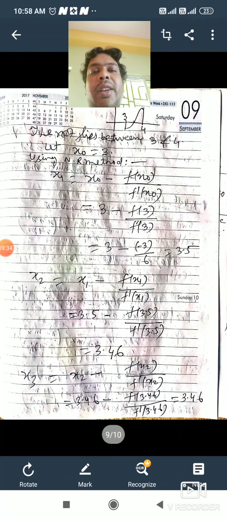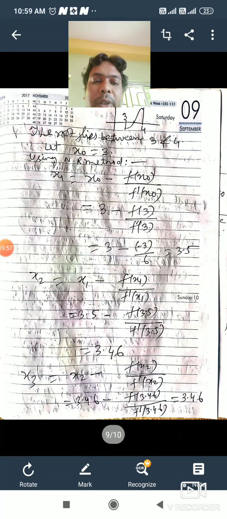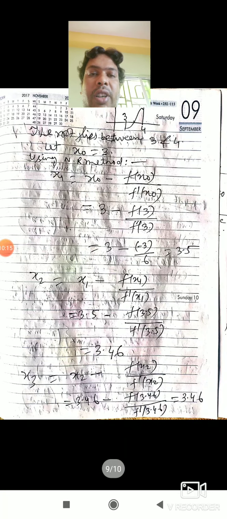Let us take any value, x0 = 3. Using the Newton-Raphson method, x1 = x0 - f(x0)/f'(x0) = 3 - f(3)/f'(3) = 3 - 3/6 = 3.5. x2 = x1 - f(x1)/f'(x1) = 3.5 - f(3.5)/f'(3.5) = 3.46. x3 = x2 - f(x2)/f'(x2) = 3.46 - f(3.46)/f'(3.46) = 3.46.